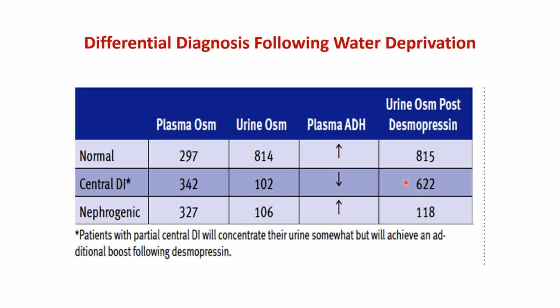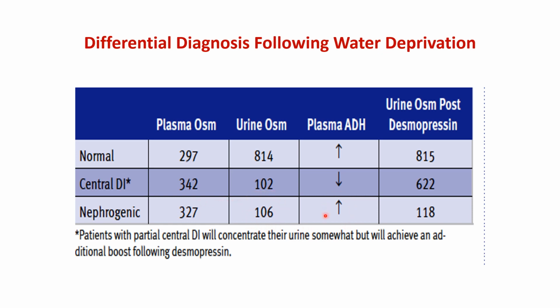Now, if the patient has nephrogenic diabetes insipidus, you measure the plasma osmolarity and you measure the urine osmolarity. You can see here, again as a result of dehydration and the excretion of large amounts of urine, the plasma osmolarity is high, whereas the urine osmolarity is low.